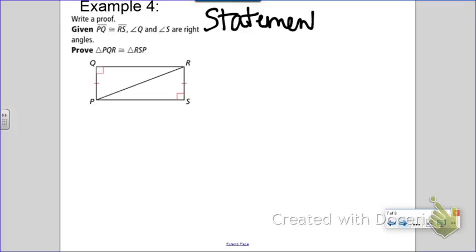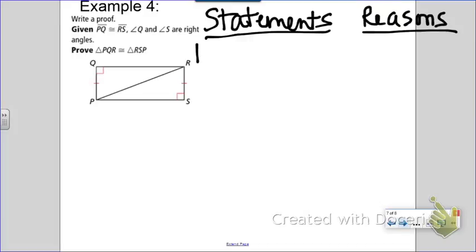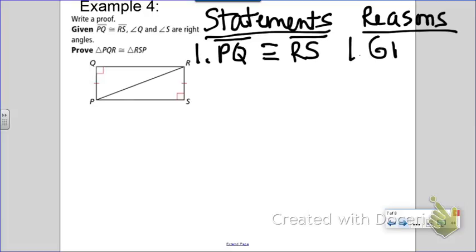In our next example, PQ is congruent to RS, and that's given. It's already marked on the picture.